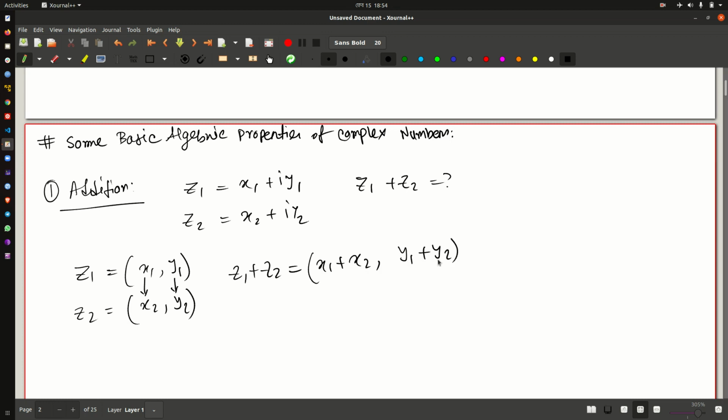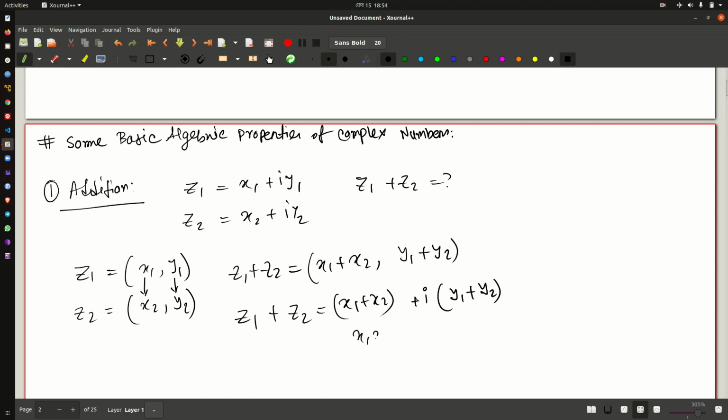and if you want to write it down in its full glory with the units, this would be x1 plus x2 plus i, y1 plus y2, and x and y, x1, x2, y1, y2, all of them belong to the real number set. Same rules go for subtraction as well.